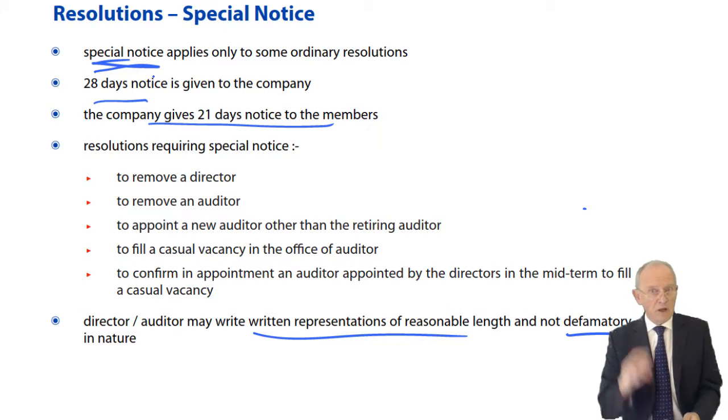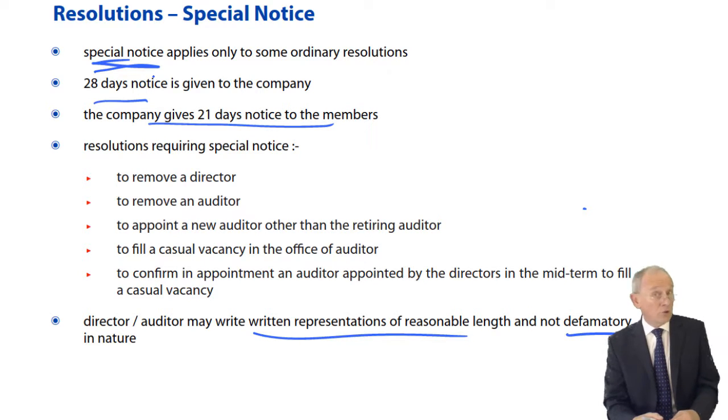So the registrar is now put on alert. Something's happening here. We're going to have a director proposed for removal, an auditor proposed for removal. So the registrar wants a copy of that special notice. And it's an ordinary resolution, even though it's special business. But it's not a special resolution.